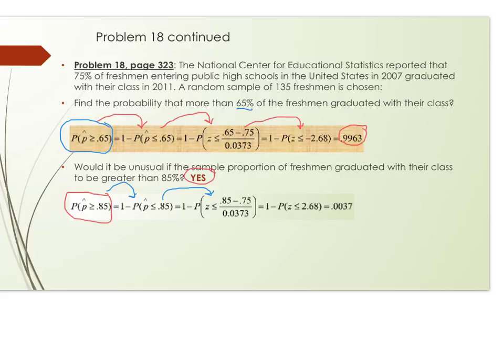From there we do the final calculations, and we get the probability that p hat is greater than 0.85 is 0.0037. Since that's less than 5%, it would be unusual.